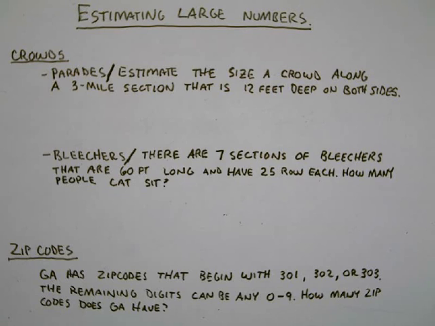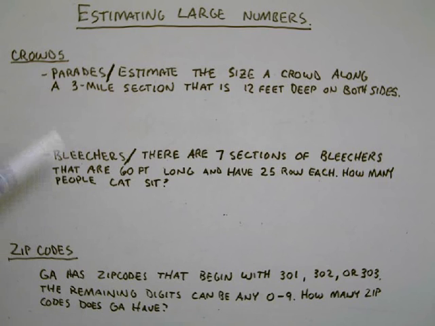So let's look at the estimating large numbers unit in AMDM. We estimated crowds, either lined up in a parade setting, or in a big, large crowd like on a football field or in a shopping mall.